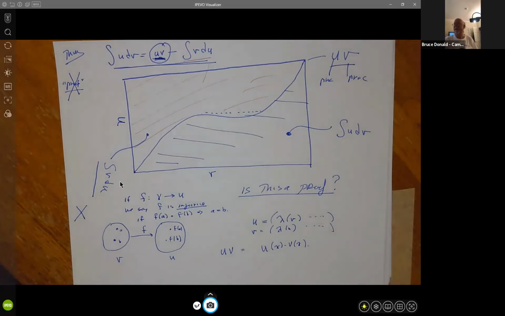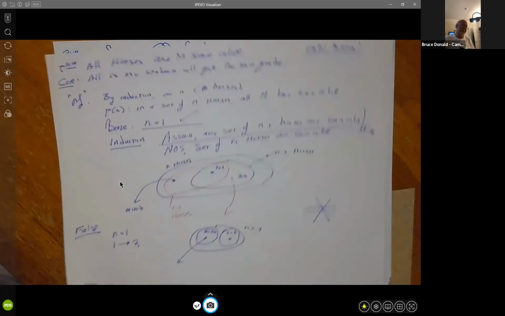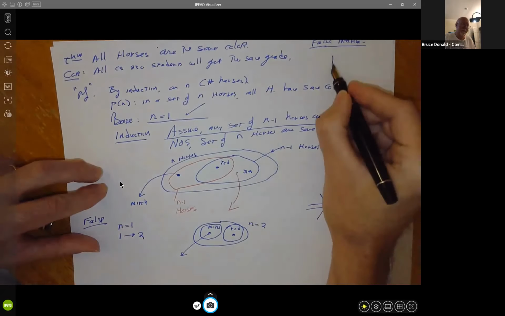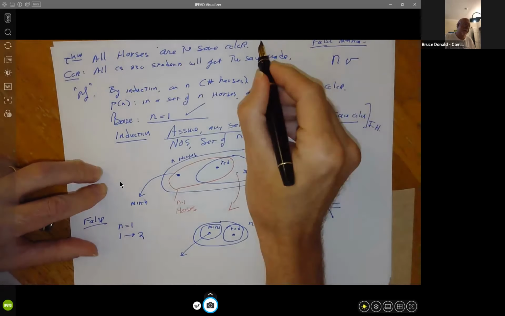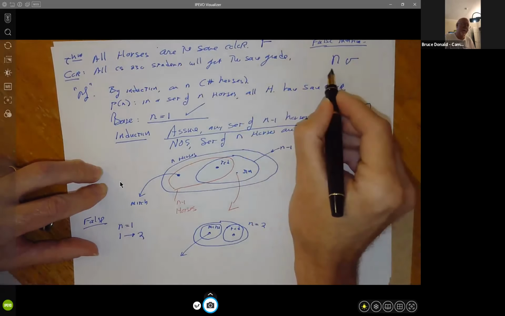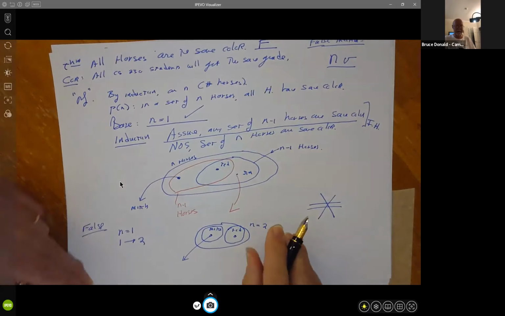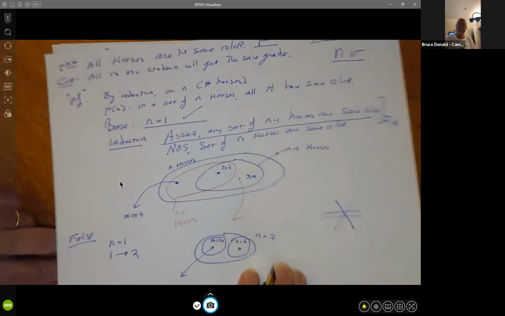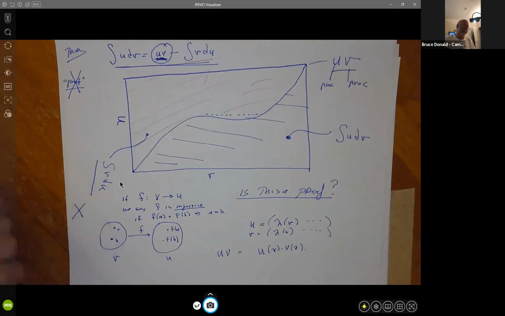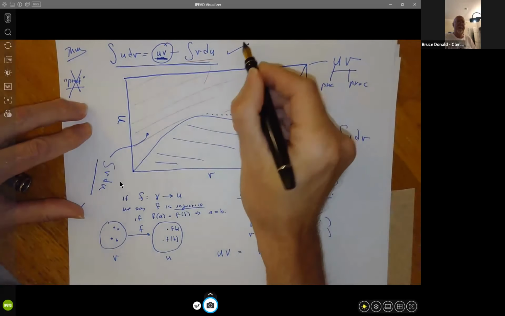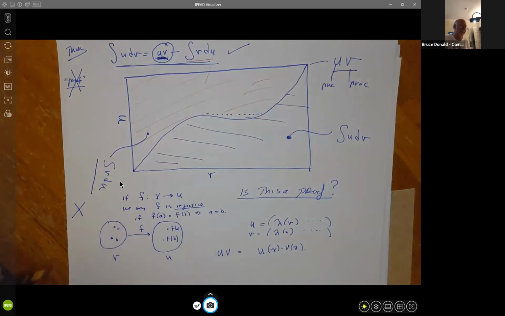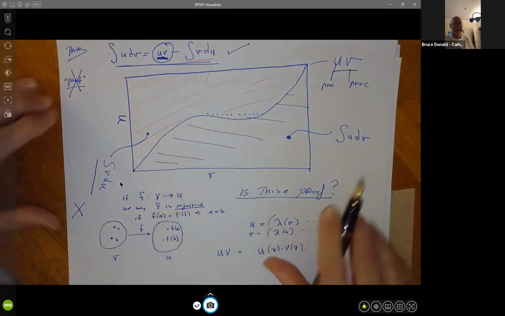So let's go back and just summarize. This is not a proof, and the theorem is false. So here we have a false theorem with a false proof, which adds up to nothing for horses, because horses actually can have different colors. Here we have a correct theorem if we appropriately parameterize u and v and define everything.